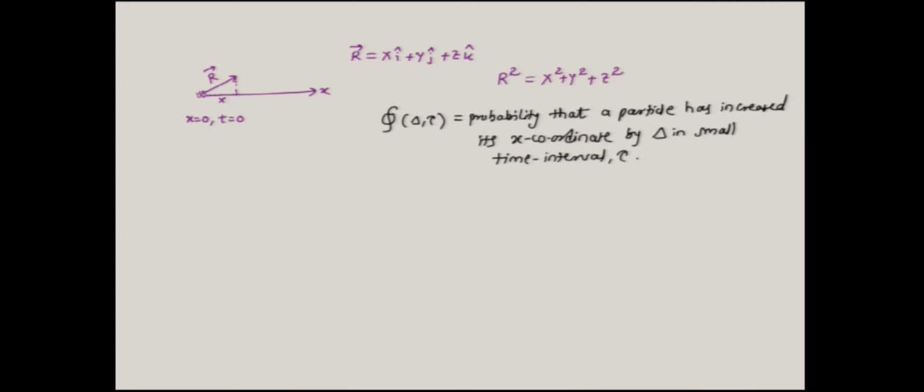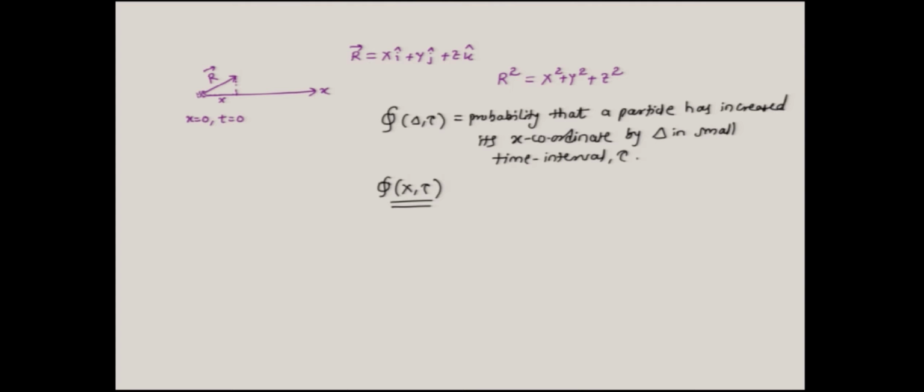In today's convention, we would write it as phi of X, tau, where the capital X is the projection of the net displacement vector r bar on the x axis. So, phi of X, tau is the probability that a particle has increased its x coordinate by X in small time interval tau.